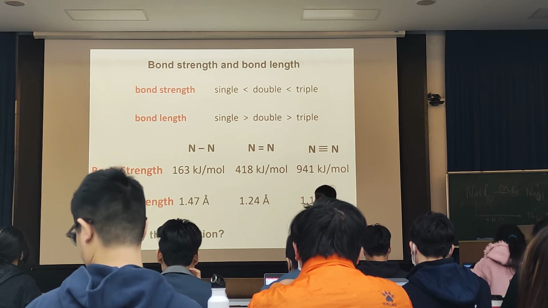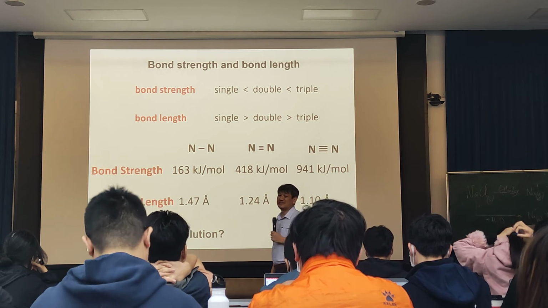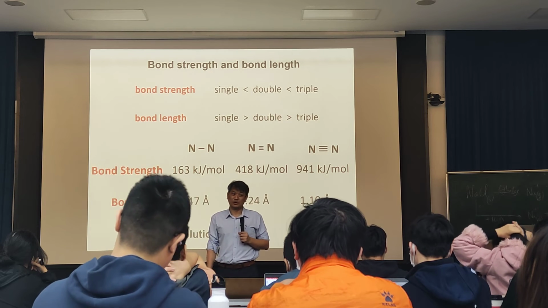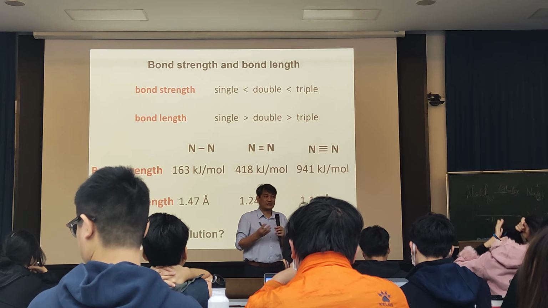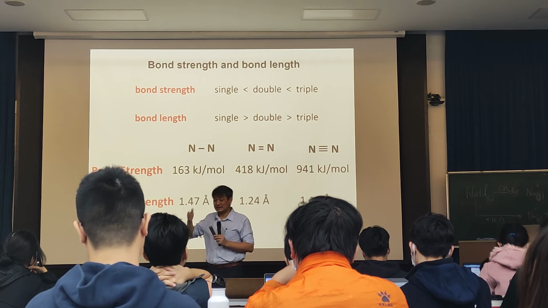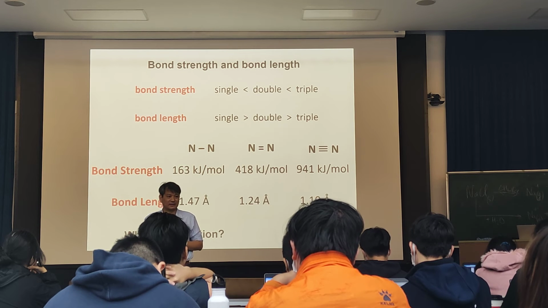But if you want to break the triple bond, you need to pay almost 7 times more energy, not only 3 times. You get what I mean? It's not that the triple bond equals 3 times the single bond. It's much more than that.